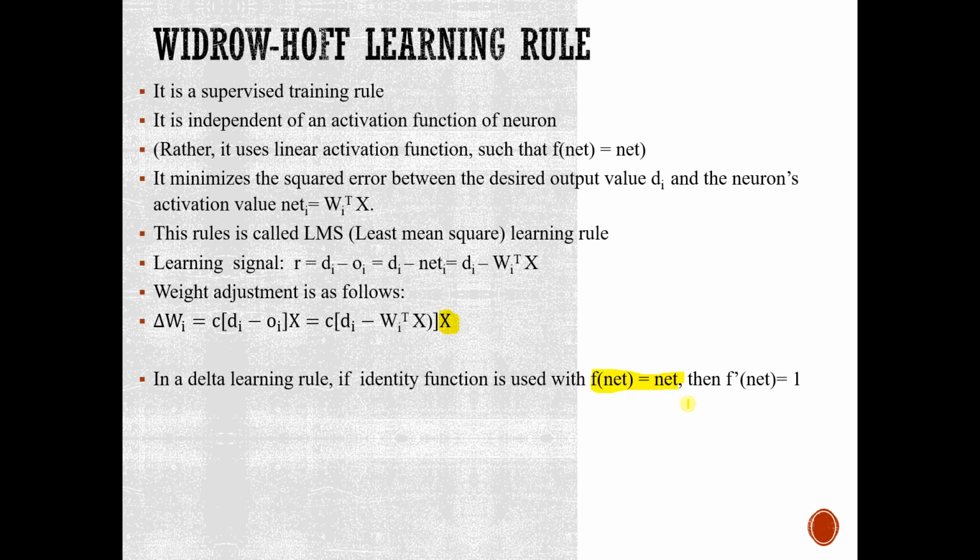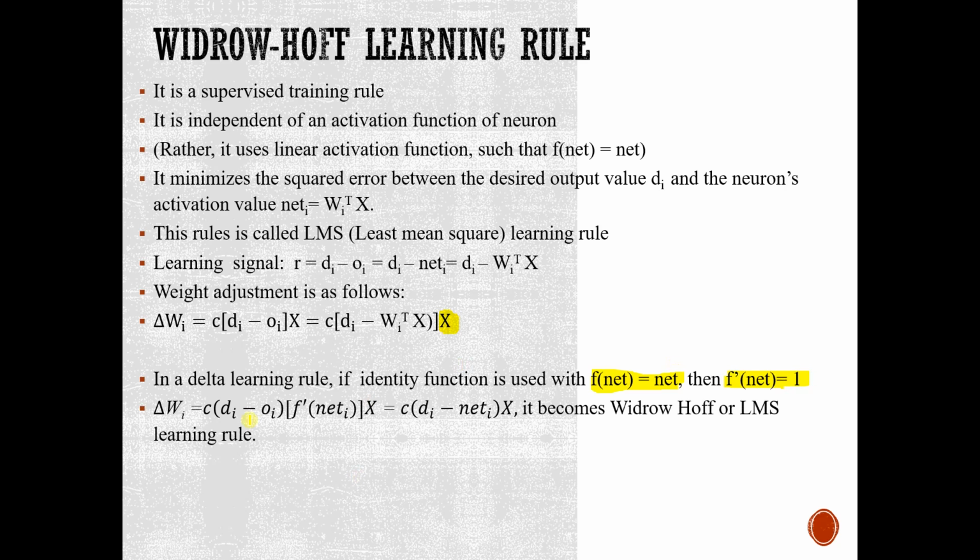Because it is net, the derivative f dash of net will be nothing but 1. So in the delta rule equation, f of net will become equal to net, and f dash of net will become 1, and the delta learning rule finally reduces to the Widrow learning rule.